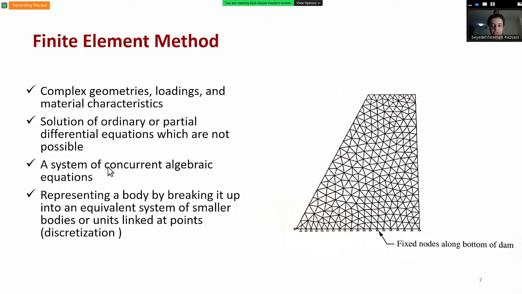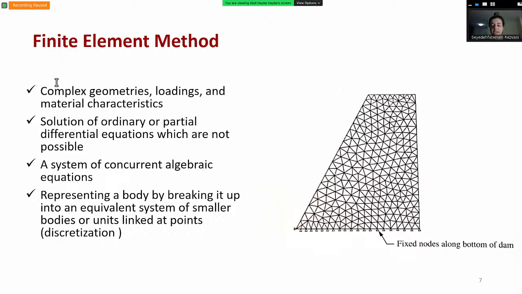Due to the complex geometries, loadings, and material characteristics, analytical mathematical solutions typically demand the solution of ordinary or partial differential equations, which is actually not possible. Therefore, in order to find a workable solution, we must rely on numerical methods like the finite element method.